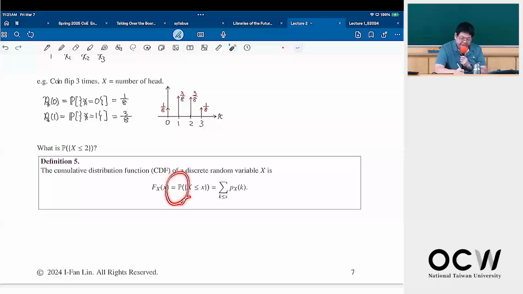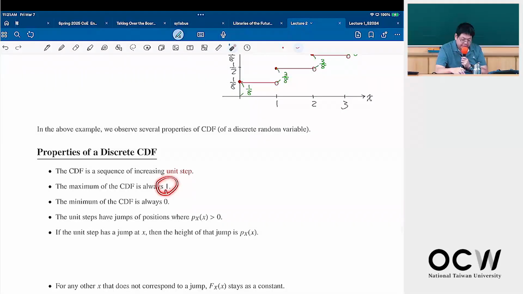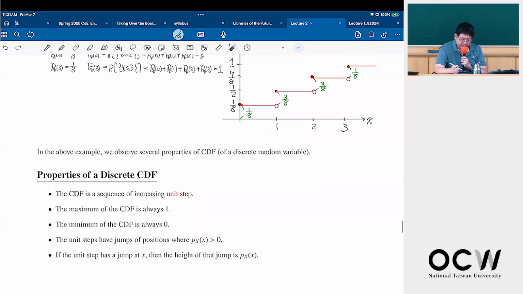Since it is a probability, the maximum value is 1. And of course, the minimum value is 0.